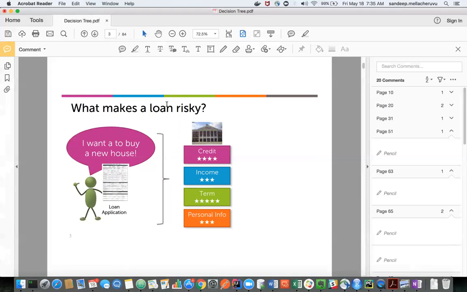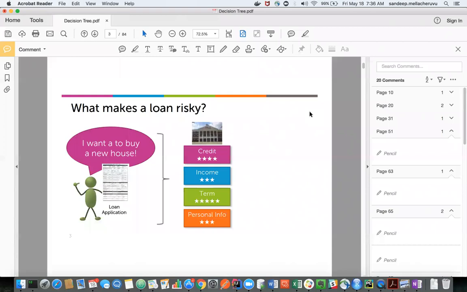Personal information. No, don't read it from here. What is personal information? How would personal information make a loan risky? You think about that and tell. Don't read from here and just tell. I can say low income is only one option, which I guess.